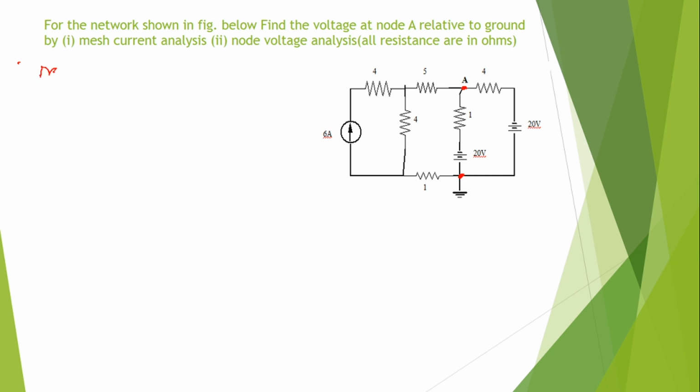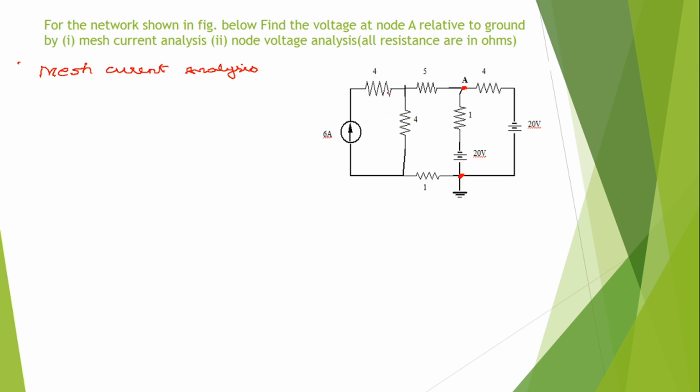So first we will concentrate on mesh current analysis. Here in the question it is asked to find the voltage at point A with respect to ground.